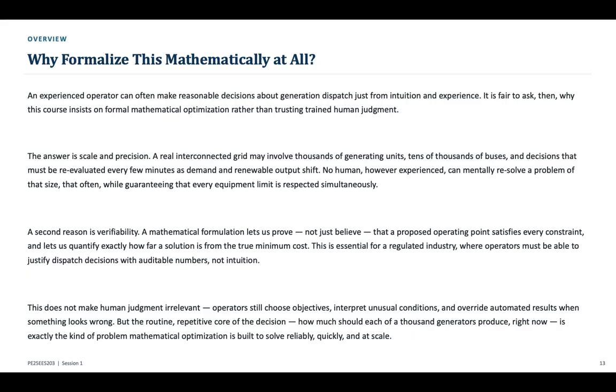Okay. So, why formalize this mathematically at all? See, an experienced operator can often make reasonable decisions about generation dispatch just from intuition and experience. It is fair to ask, then why this module insists on formal mathematical optimization rather than trusting trained human judgment? The answer is scale and precision.